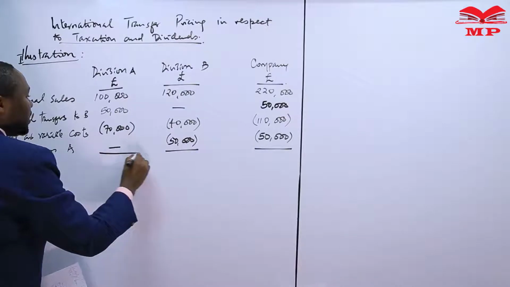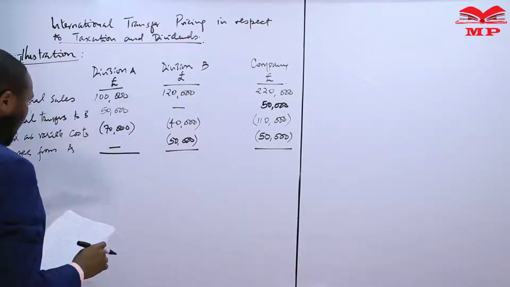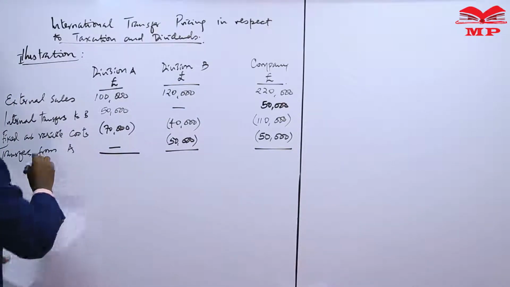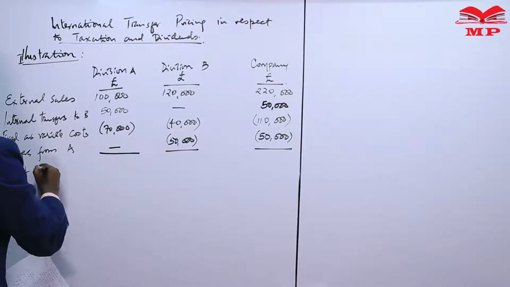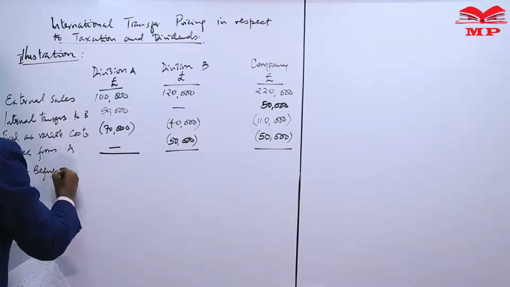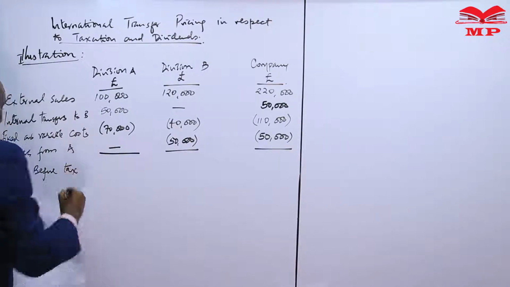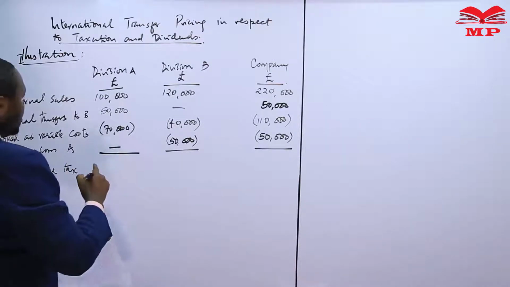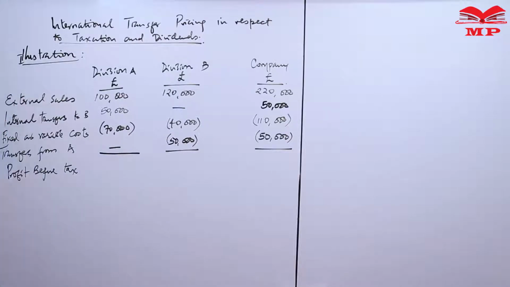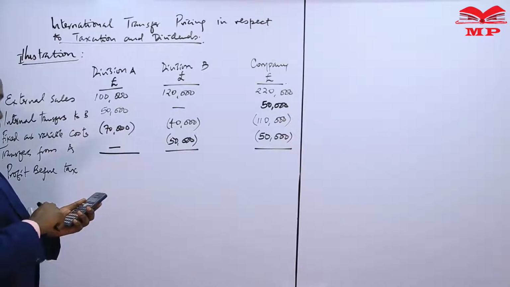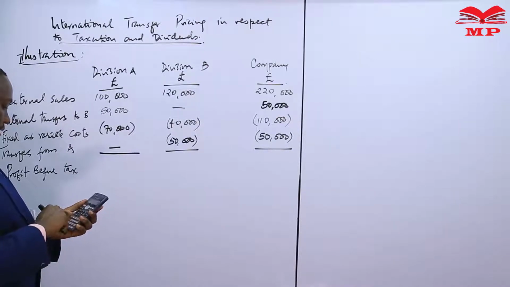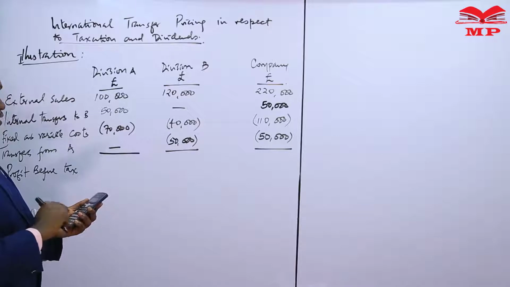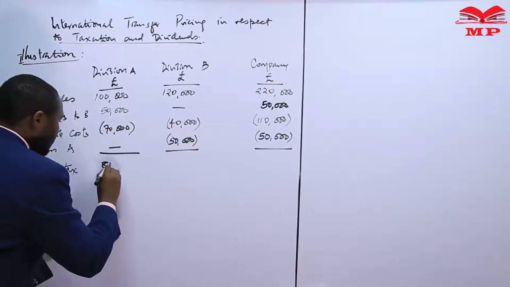So we have eliminated the intergroup what? Activity. So profit before tax for this is 100,000 plus 50,000 minus 70,000 to give me 80,000.